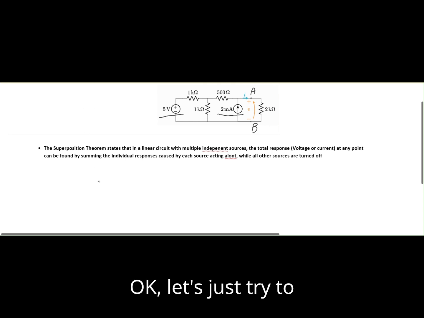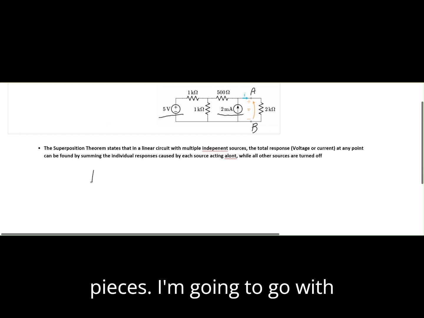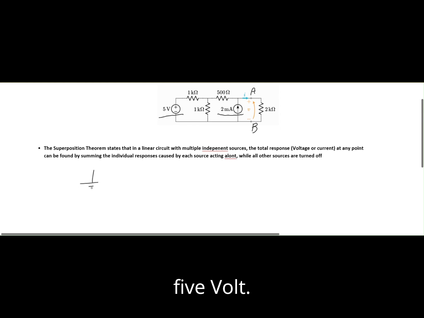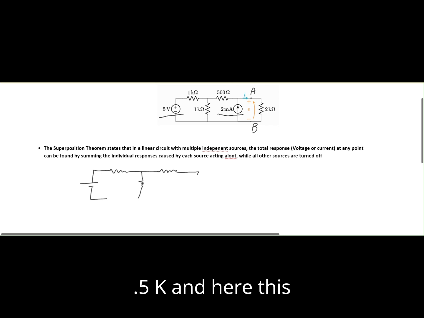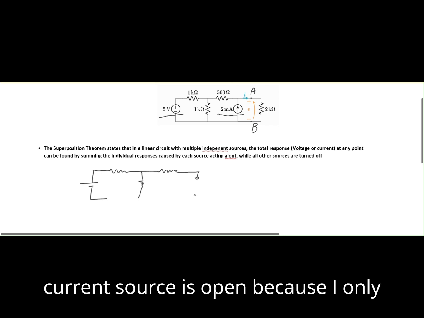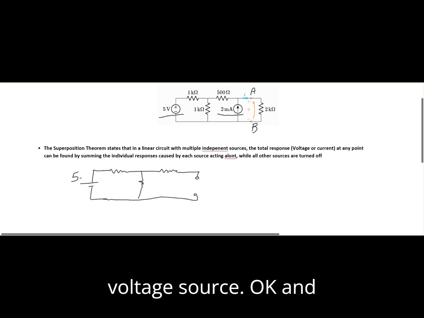Let's break this circuit into smaller pieces. It's going to go with 5 volt in series with 1K, another 1K here, and I have 0.5K. And here, this current source is open because I only want to see the effect of my 5 volt voltage source.